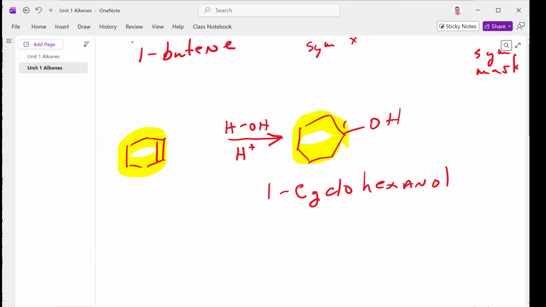A single double bond. Now when we put water across that, we're going to get two products, depending on which way the water lays across the double bond. So we're going to get this and that.